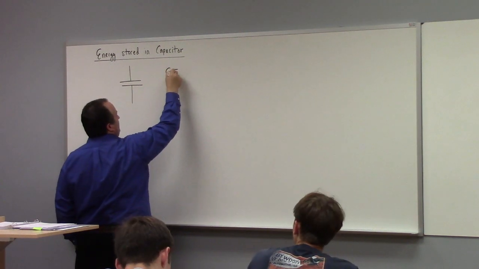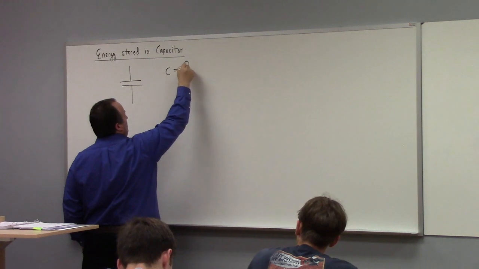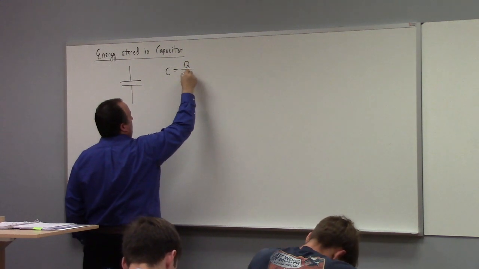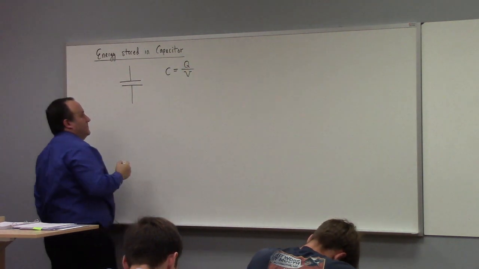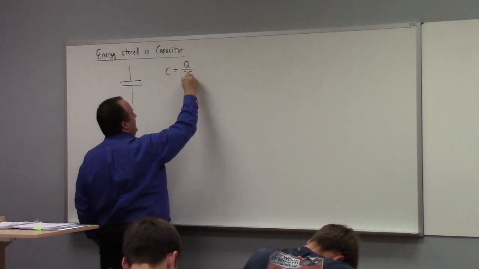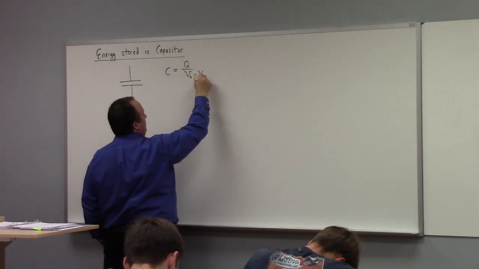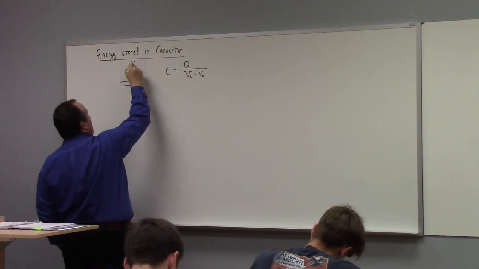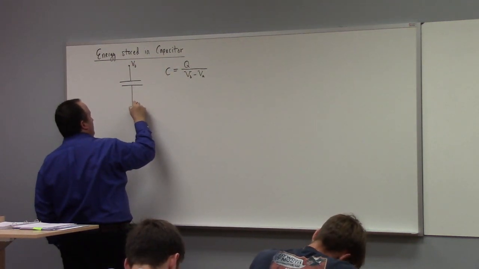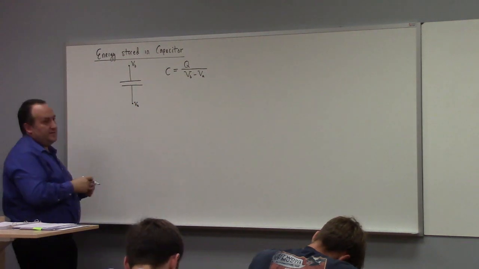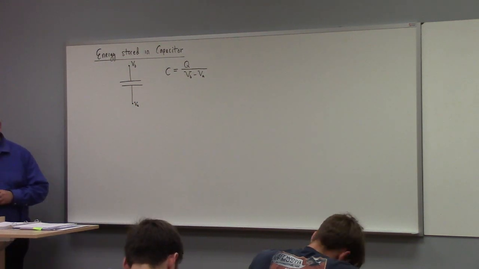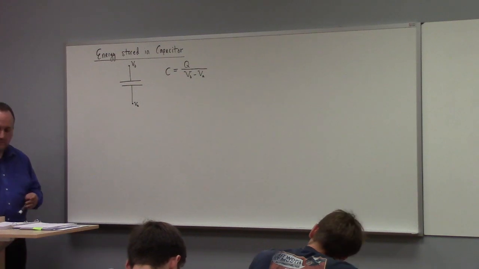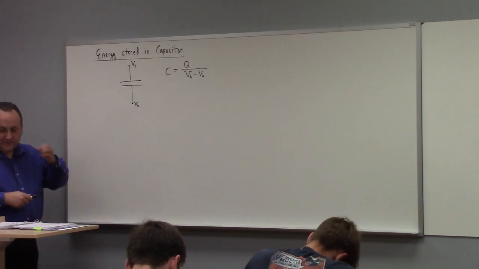C equals what? Q over V, right? Specifically that's V_B minus V_A, where this up here has voltage B, down here we've got voltage A. So it's the voltage drop divided into the charge on the plates.